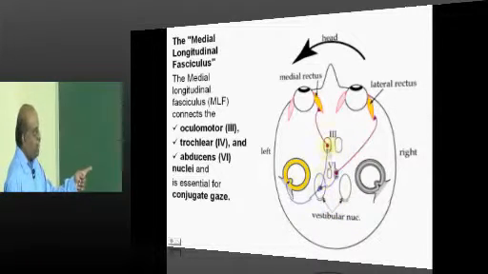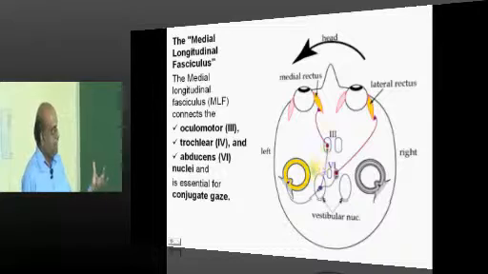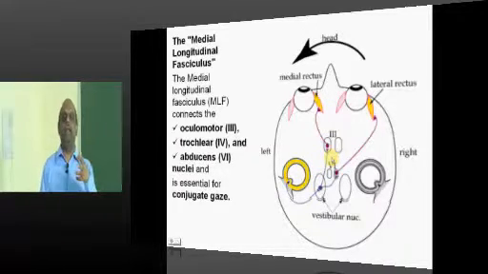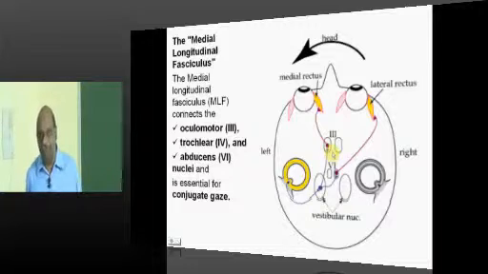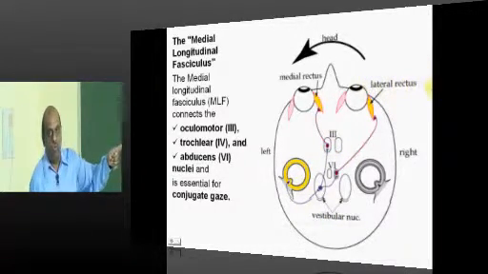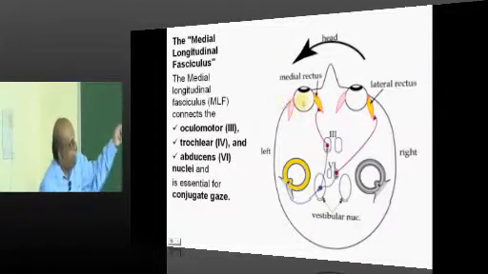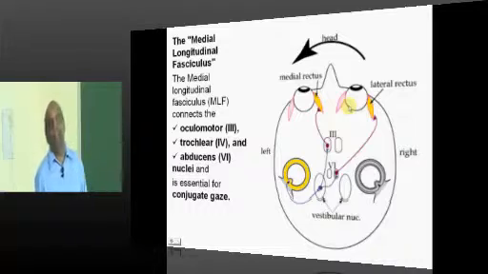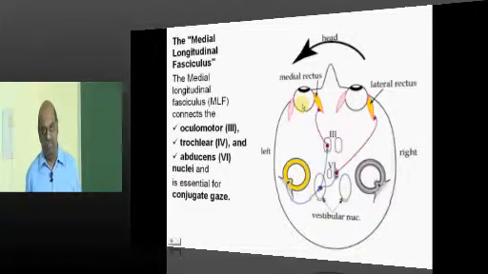If this medial longitudinal fasciculus is gone, let us say there is some demyelination like multiple sclerosis and it got injured or damaged, what will happen? When the lateral rectus is moving the eye laterally, the medial rectus will not be able to move the contralateral eye medially. Hence there will be a lag in the adduction.